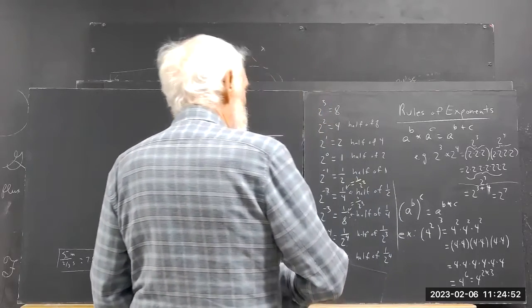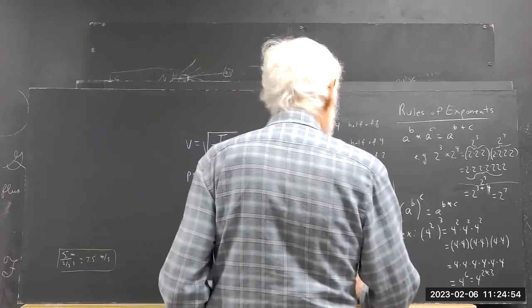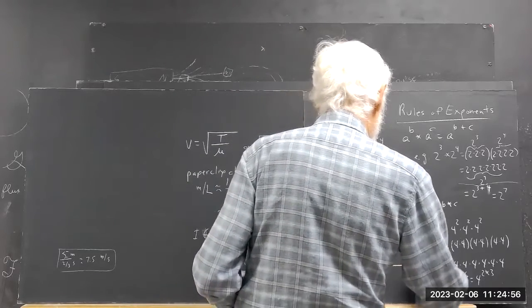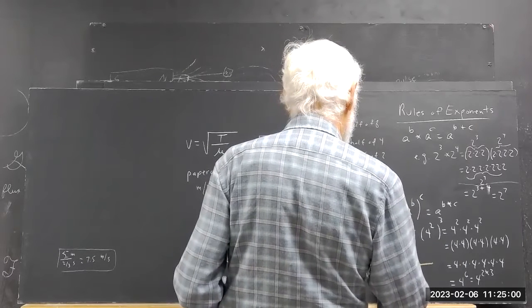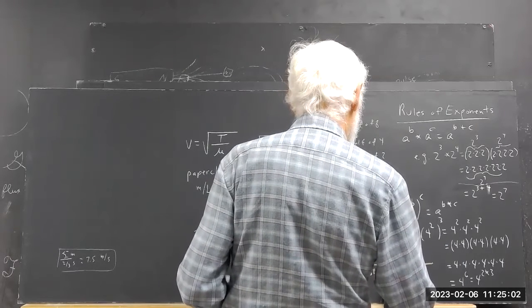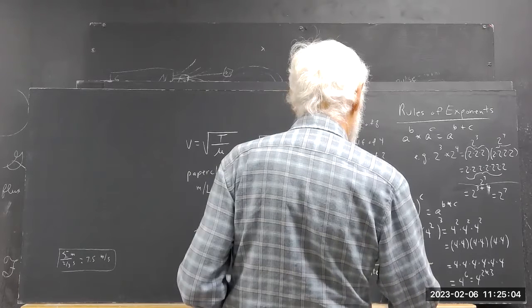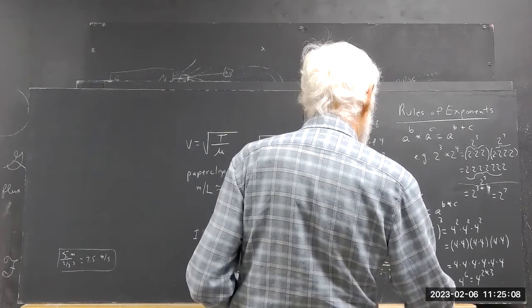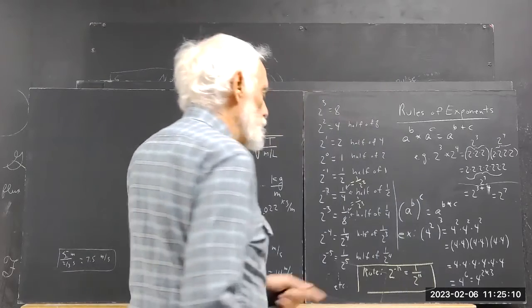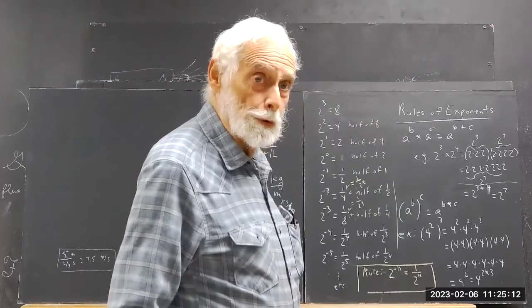So our rule is two to the negative n is 1/2 to the n.